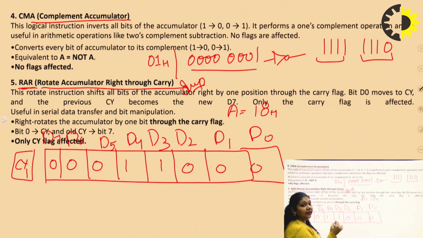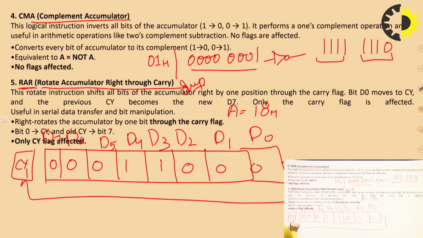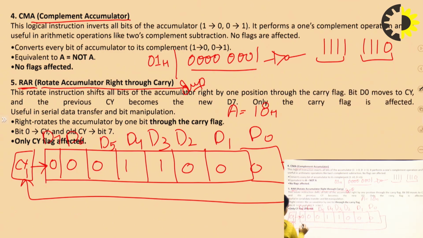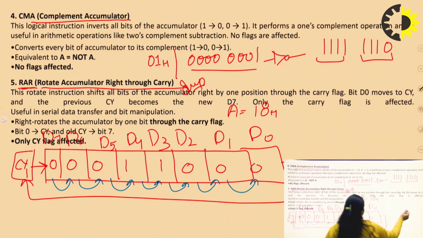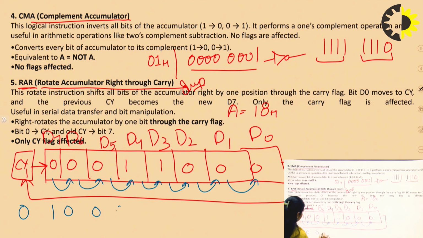When we have to rotate it right, that means this D0 will move to the carry flag and this carry flag will go to D7, and every bit will be shifted to its right. Bit by bit shifting will be there, and now the new value will be 0 1 0 0 1 1 0 0.